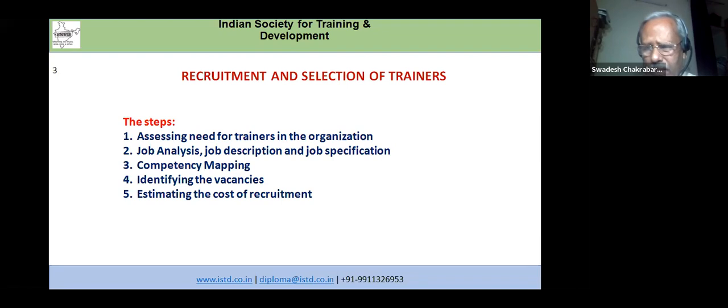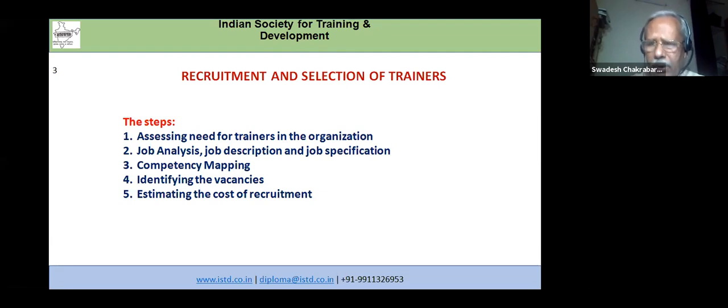I would like to give a little clarification about it. Recruitment is a process of attracting people towards the organization. It's not a selection process. Recruitment is a process of attracting people by showing the competence of the organization, the brand of the organization, so that people get attracted and the organization becomes in a position to attract good talents to the organization.